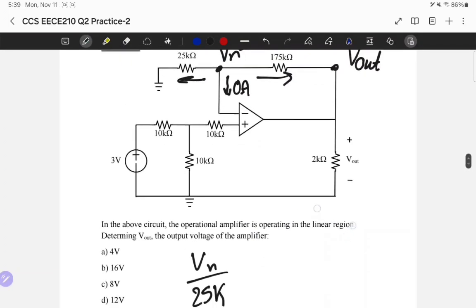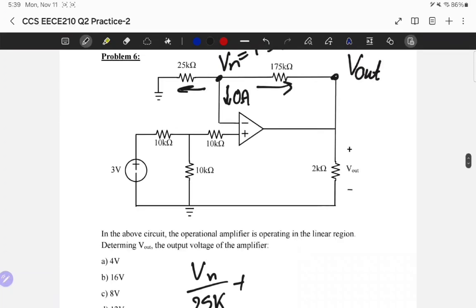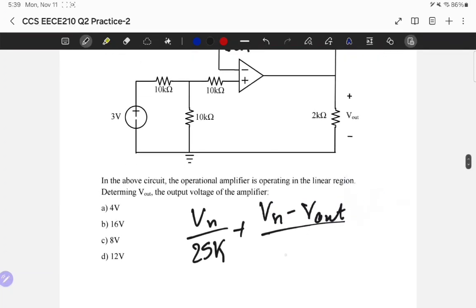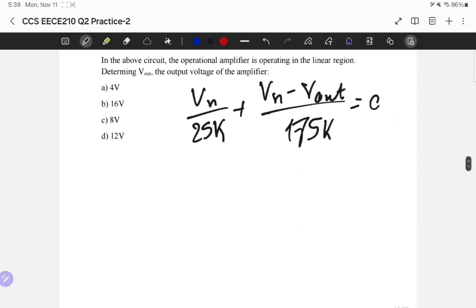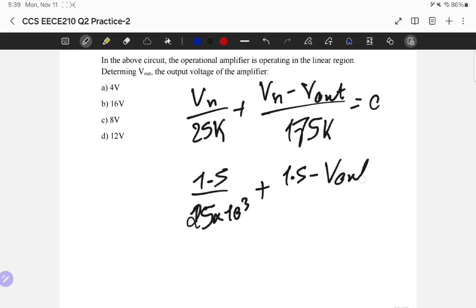I'm going to leave it out, no current flows into the operational amplifier, plus Vn minus Vout over 175k is equal to 0. But I know the value of Vn previously from Vp. I calculated Vn from Vp, so I'm going to say 1.5 divided by 25 times 10 to the 3, plus 1.5 minus Vout, I need to find the value of Vout, over 175 times 10 to the 3. This is going to be equal to 0.